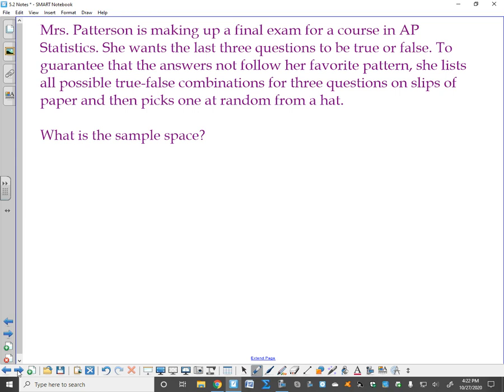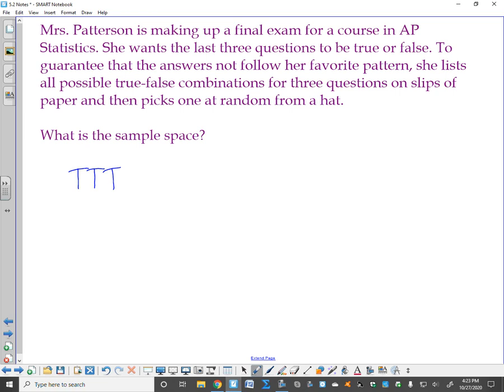So, I have to do this systematically. You come up with your own system for how to do this. It has to make sense to you, but I wouldn't randomly write answers down because you're going to lose track of where everything has been. So I'm going to start with trues. So that could be the answers for the last 3 questions.